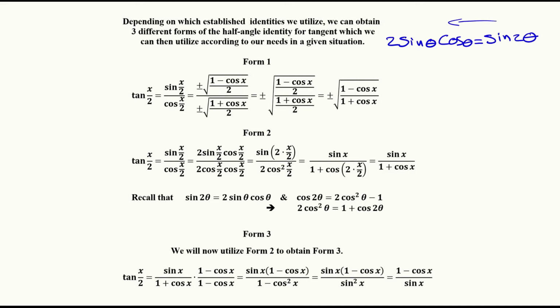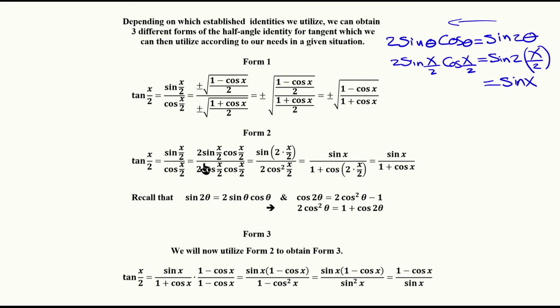So we can see that 2 sine x over 2 cosine x over 2 is going to be sine of 2 times the angle, which in this case is x over 2. And notice the 2's will cancel out, so we just get sine x.